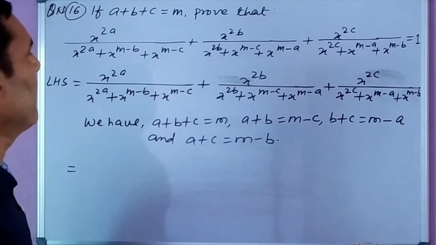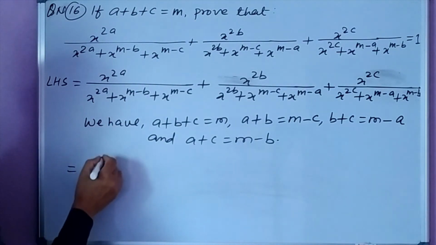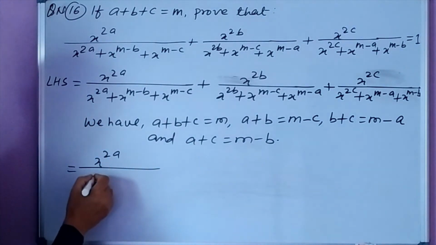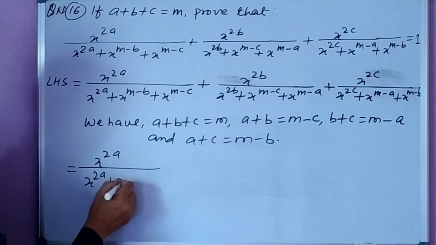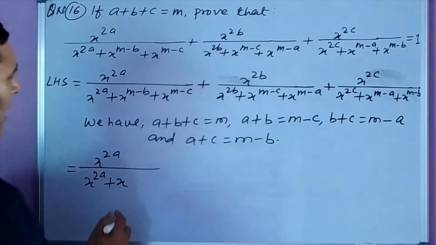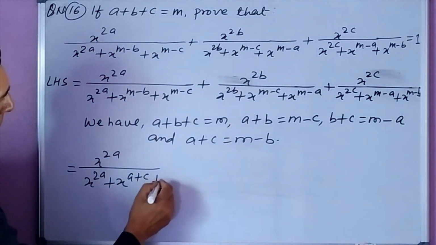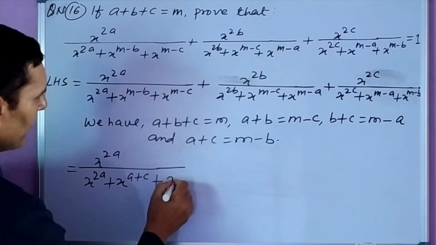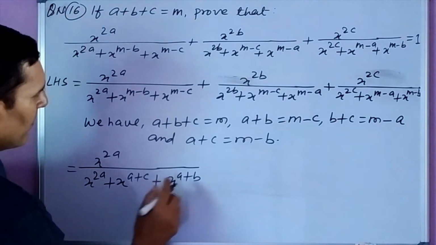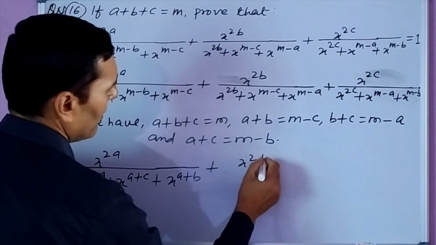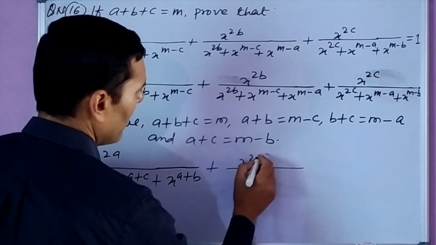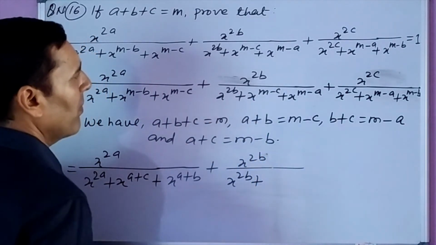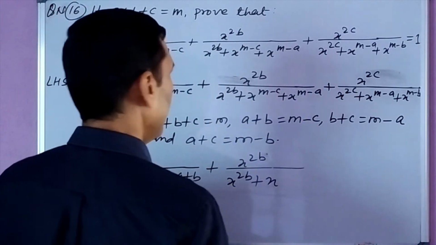So using this result, x to the power 2a as it is upon x to the power 2a plus x to the power, for this m minus b, I am writing a plus c, and for this m minus c, a plus b. And x to the power 2b as it is, x to the power this m minus c. What is m minus c?